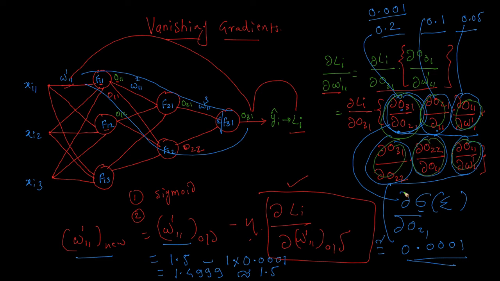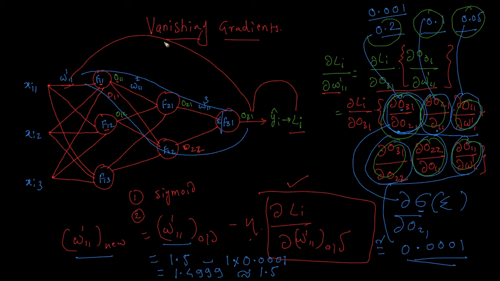And what are these values? These values are nothing but derivatives of the sigmoid, and the derivatives of sigmoid are less than 1. So this problem is occurring because the derivatives of sigmoid or the activation functions are fraction values like this. Because of this, the weights are not getting updated.